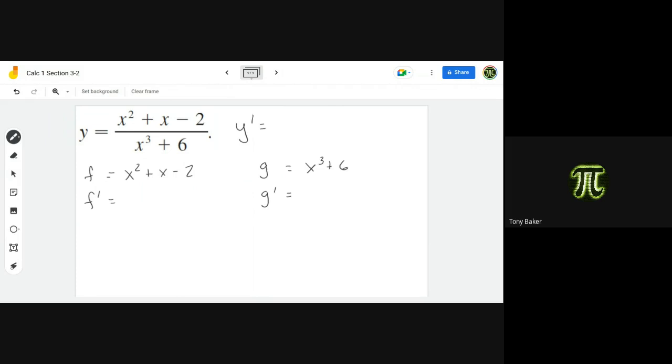So with f prime, and with g prime. Yep. So remember the rule, f prime g minus fg prime over g squared.